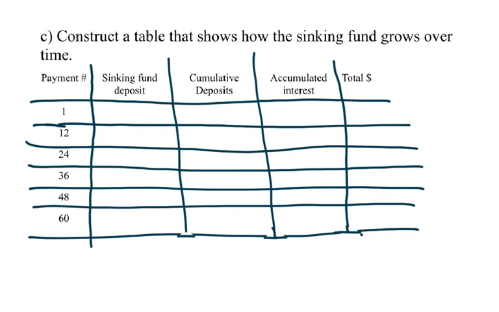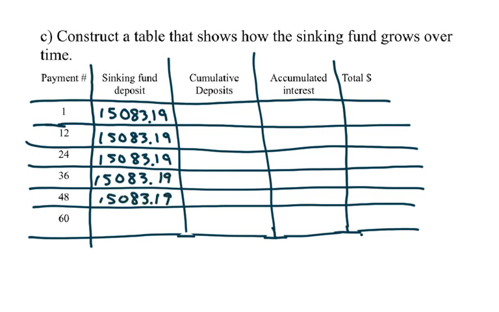We already know that our sinking fund deposit is $15,083.19. So I'm going to fill that out for all of these. That's how much our deposit is. Now the cumulative deposit in 1 year is still that $15,083.19.